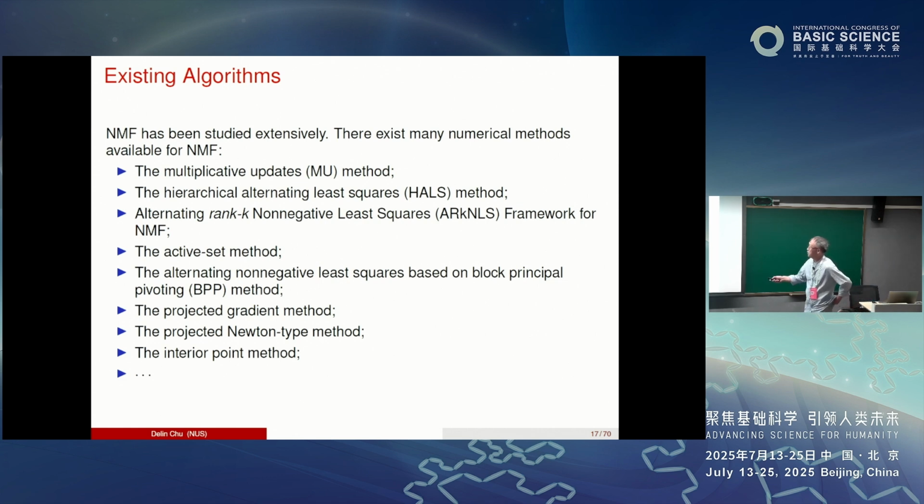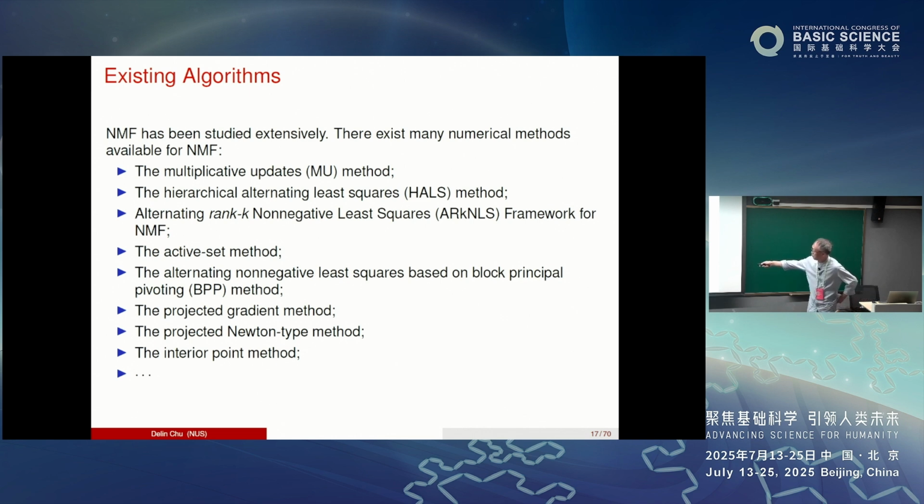Non-negative matrix factorization has been studied extensively. There are a lot of numerical methods. For example, the very famous MU method. Also a very powerful method called the HALS method, also one that we developed.